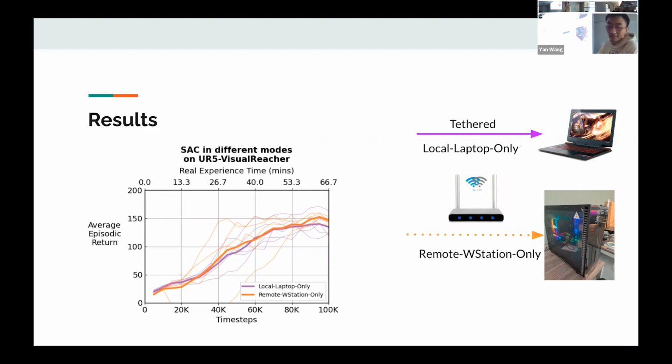This is surprising since this mode fully utilizes all resources of the remote workstation. We attribute the relatively poor performance of the remote-only mode to the latency in communicating the actions over Wi-Fi, which will not occur in the other two modes. So our result indicates that without careful consideration, using a powerful remote computer may not result in any performance improvement.